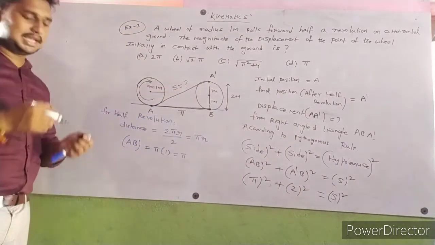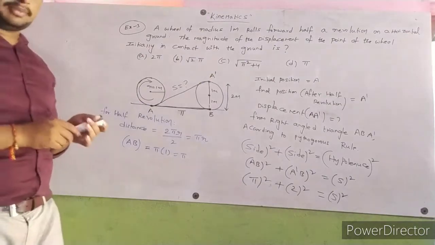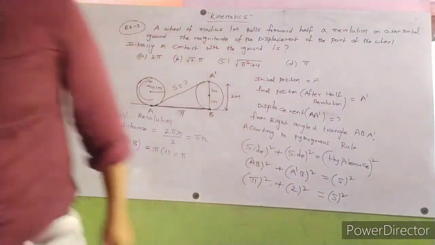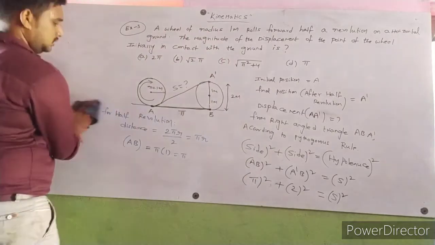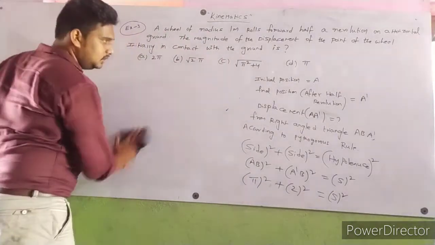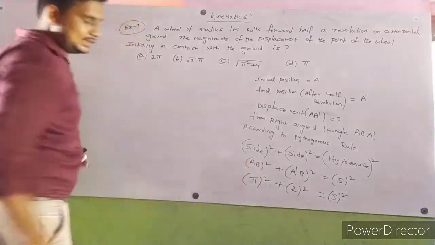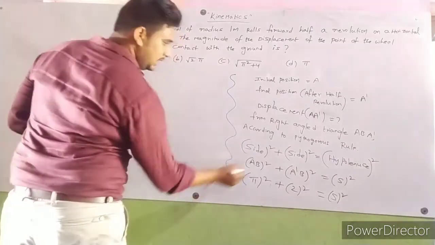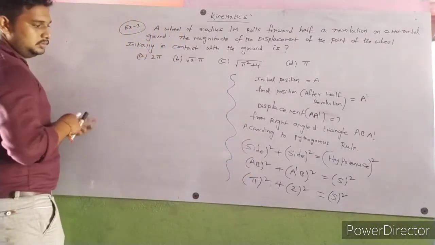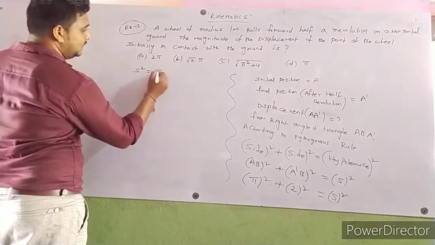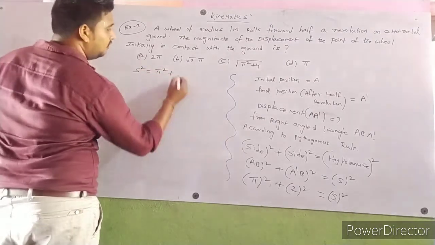We want the displacement S. So x squared is equal to pi squared plus 4.